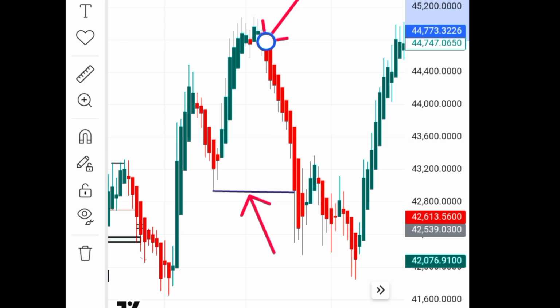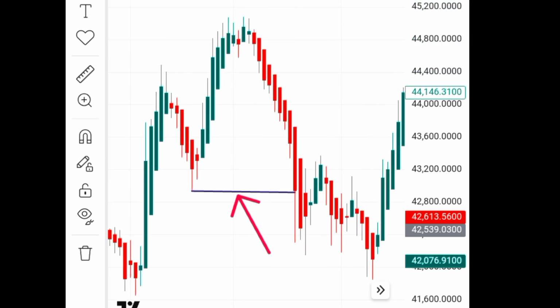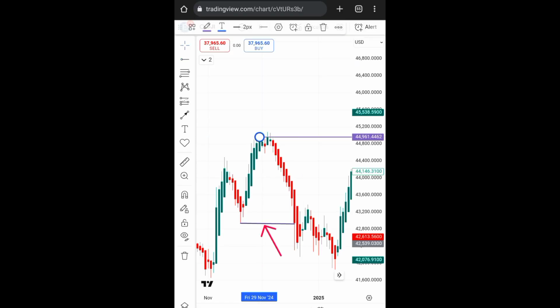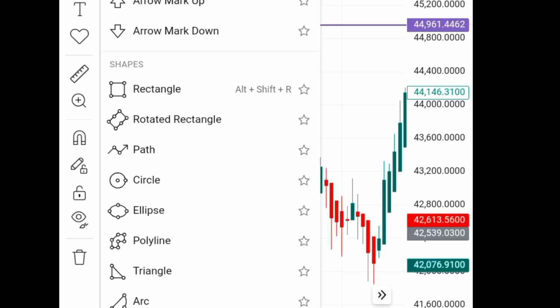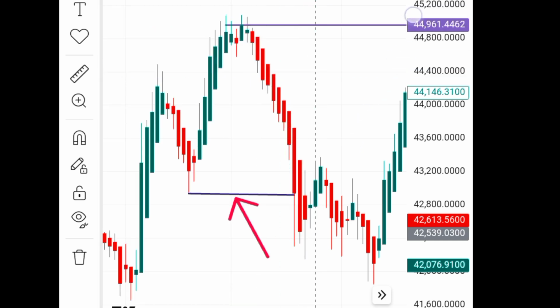So let us mark this zone. We mark the wick of this zone, which happens to be here. So that is the wick. Now we have to go to the future, thereby going to our 1 hour and expect the market to come inside this wick.